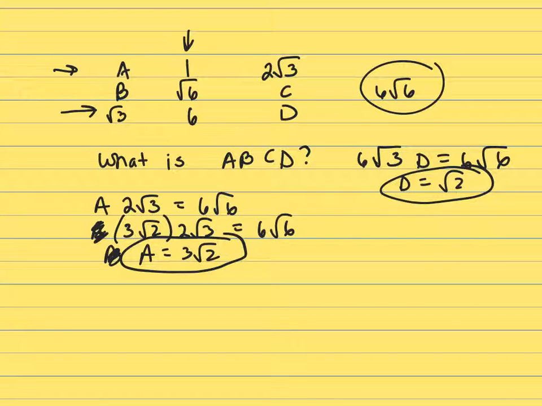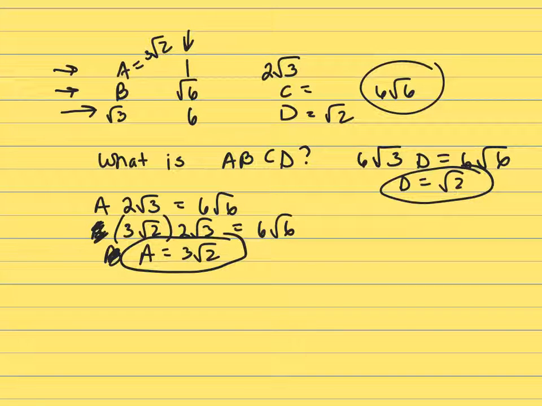All right. So now we have a and d. We know d is square root 2, and we know that a is 3 square root 2. So let's figure out what b is.